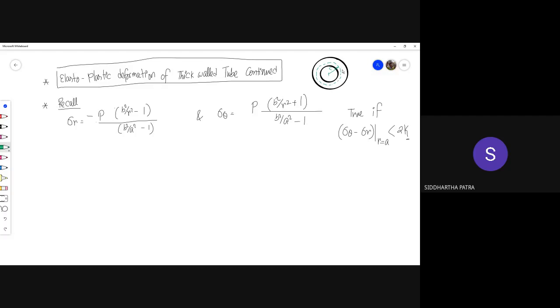Okay. For example, we could write tau equals tau max r divided by r0, where tau max is 16t by 2t by pi r cube, r0 cube.